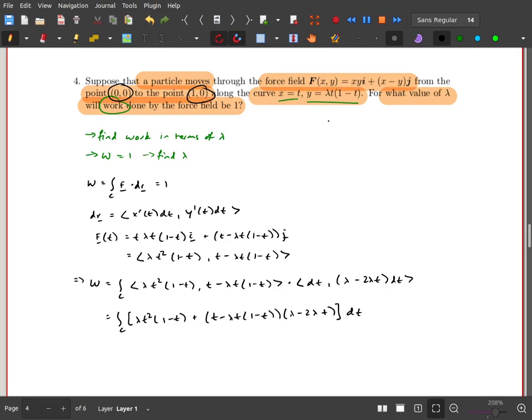For the point (0, 0), if t is equal to 0, then we will get that point. Okay, so then what would the point (1, 0) be? We just base this off the parametric equation for x. So that would be t equals 1. That would give us the point (1, 0). So that will be our limits.